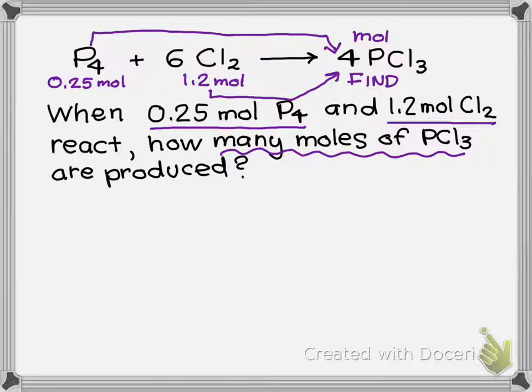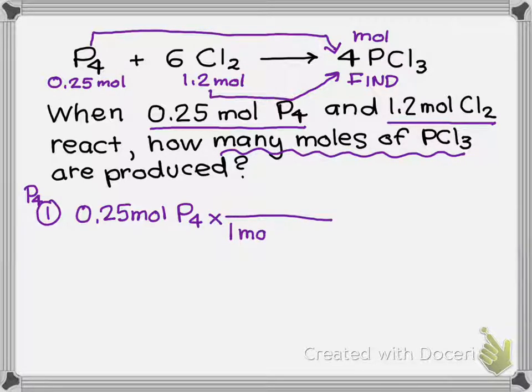So first, I'll start with the P4. I start with what I'm given. Since it's moles to moles, I'll just multiply by the ratio. Whatever you're given goes on the bottom, and the P4 has a 1 in front of it. And then the PCl3 is what I'm looking for, and it has a 4 in front.